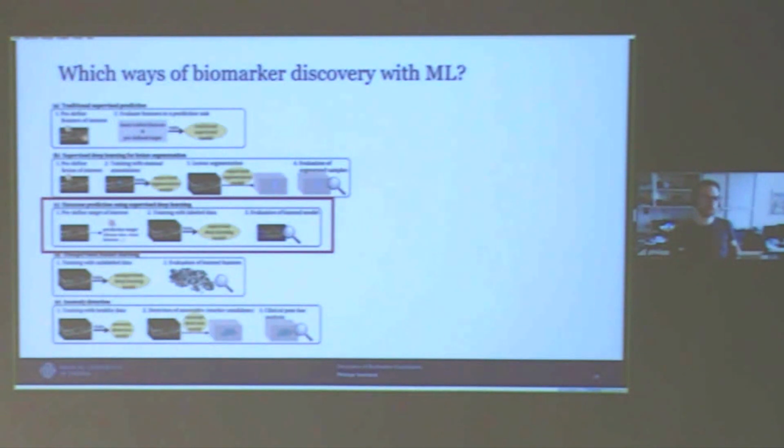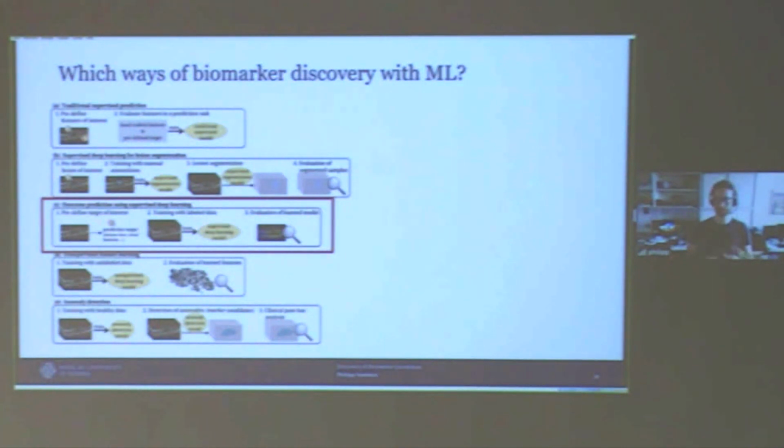Another strategy of detecting biomarkers is to first define a prediction target of interest. This could be a specific disease class or visual function, or, as we had before, treatment need, where you also are not sure which features or structures in the image are important for this particular task.